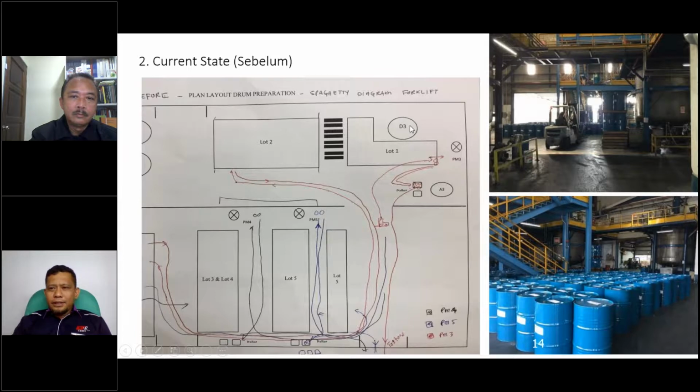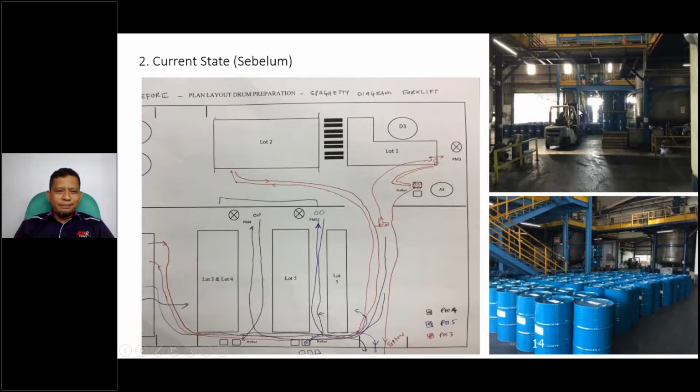You can see here there's the reactor, around here. There is forklift movement because after they dilute, the dilution happens around here, so they have to pump it into the drum.